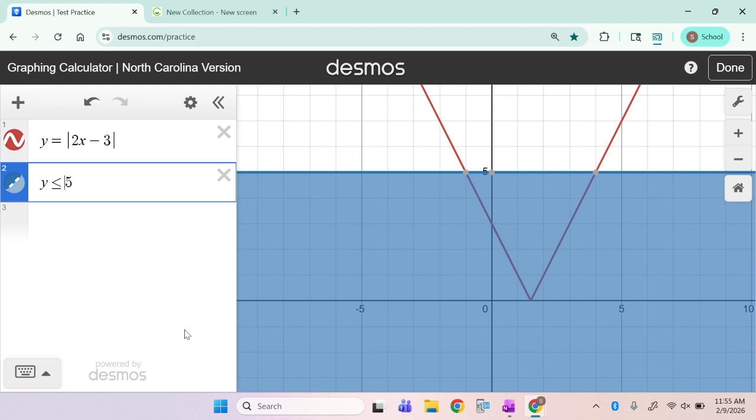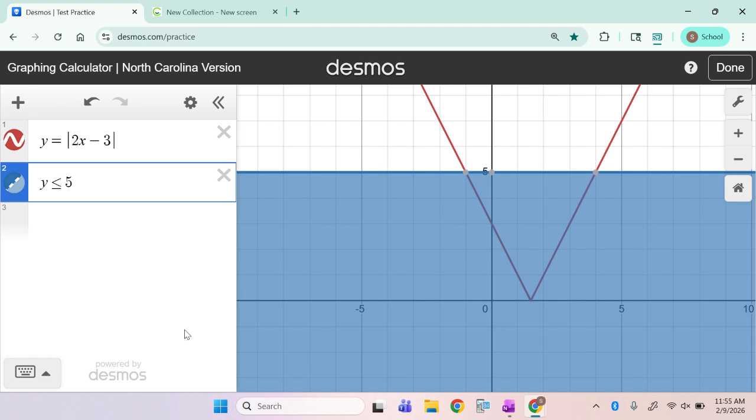So when I changed the sign, what happened? We still got the line y is equal to 5, that's still here, but it's shaded beneath it. Why do you think it's shaded beneath it? If we're talking on a number line, what values of y are less than or equal to 5?